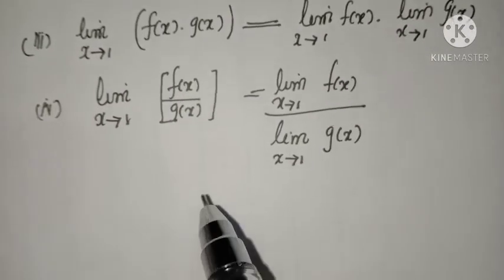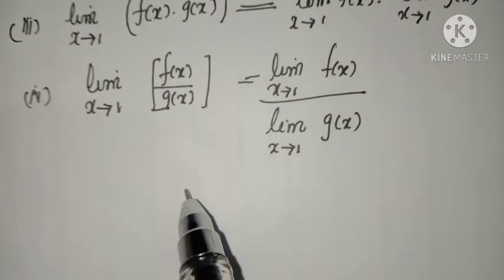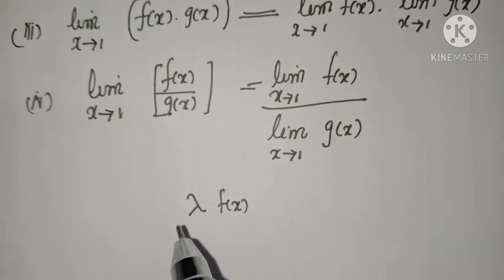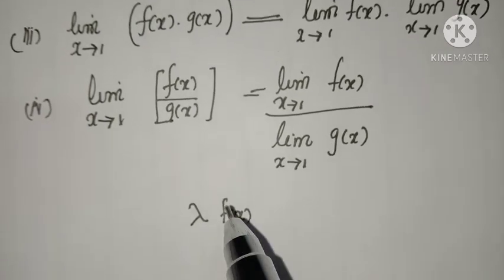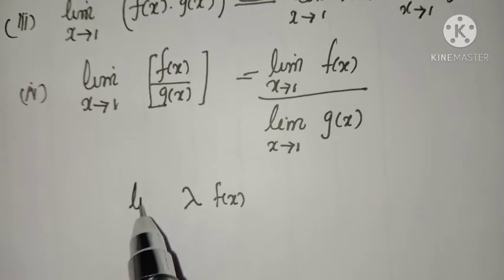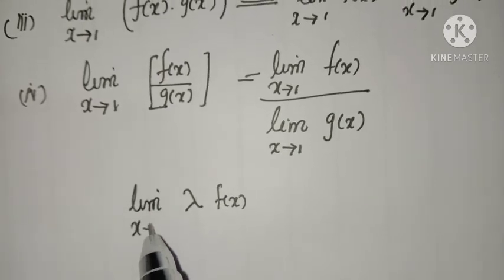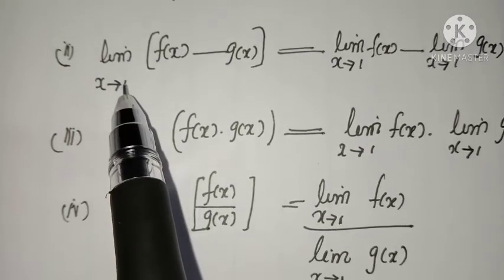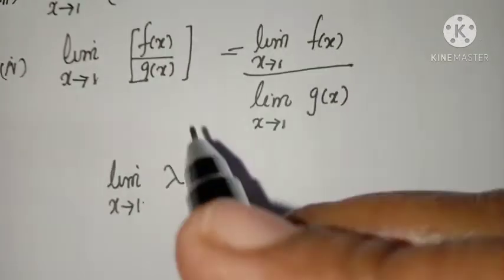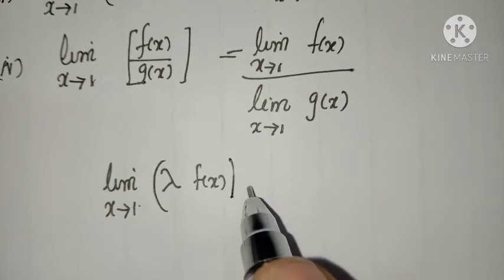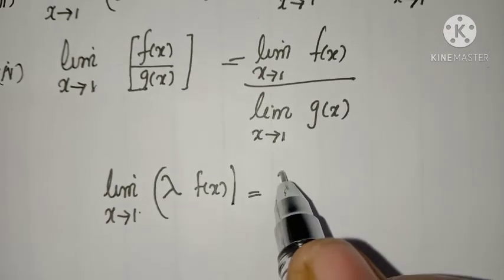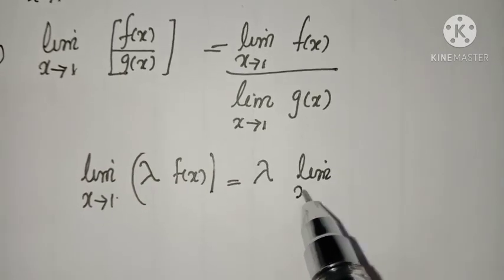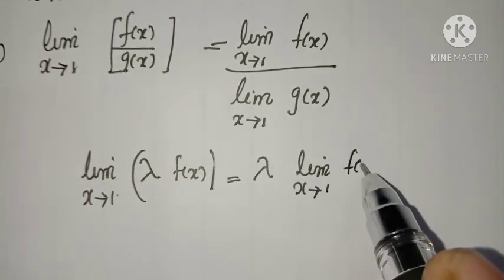And in the case of, listen, suppose we have a constant lambda into f of x, any constant multiplication of a function, then the limit of the function at x equals a, here we can consider any constant, say x equals 1, can be written as: lambda is a constant, then take the limit, limit x tends to 1 f of x.